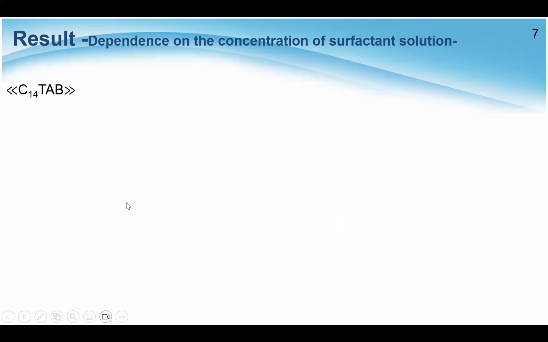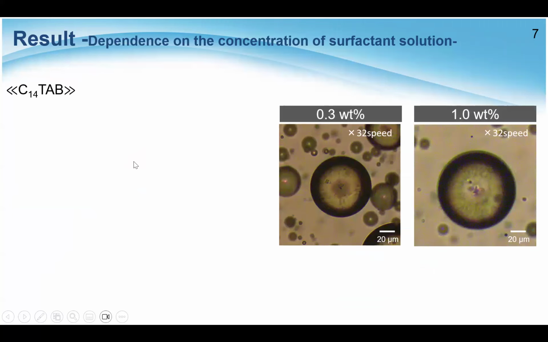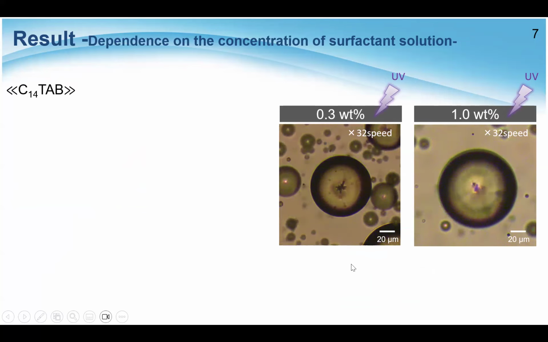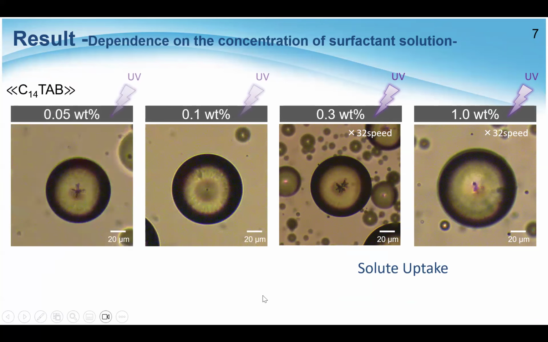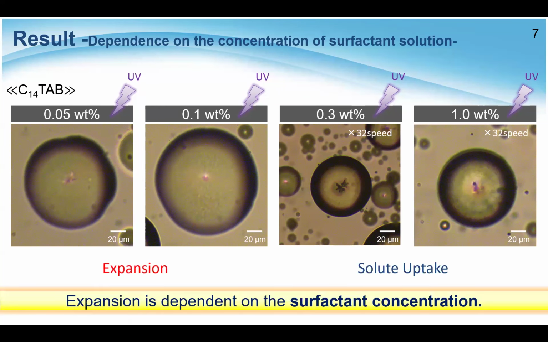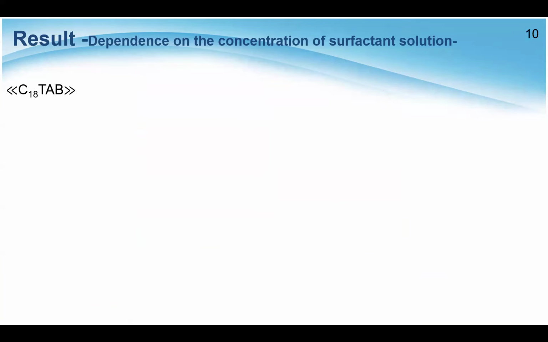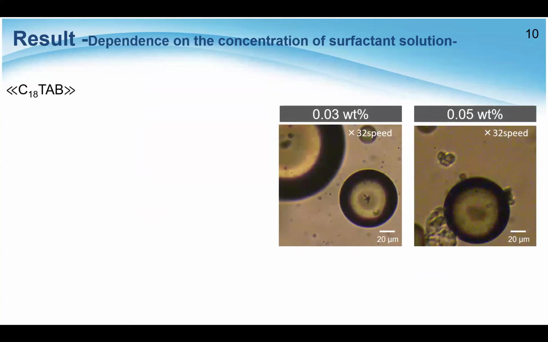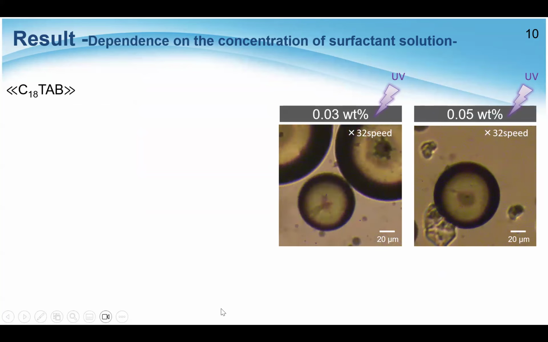What we found in the case of C14TAB is that for higher concentrations, we observe this kind of object formation inside. But if the concentration is lower, the droplet actually expanded. So expansion happened at some surfactant concentrations. And in the case of C18TAB, for the higher concentration, again, we can see some object formation inside.